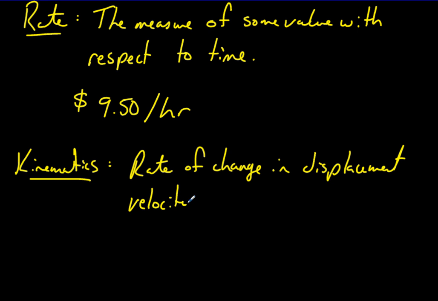Okay, so the rate of change in displacement is called velocity. For example, if you were traveling 100 kilometers per hour, what that means is every hour you've displaced yourself another 100 kilometers. Does that make sense?